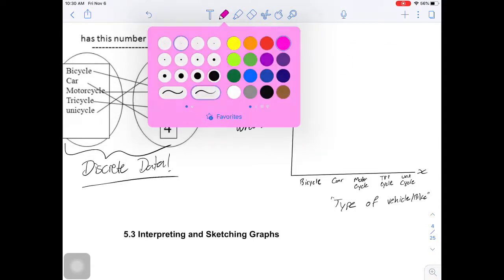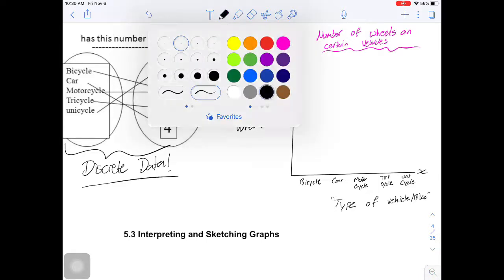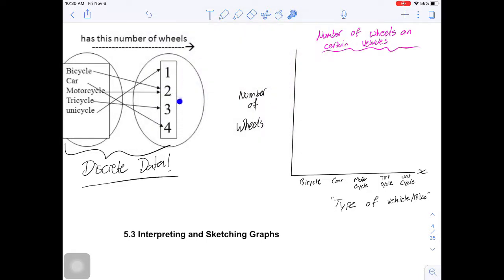So this would be number of wheels on certain vehicles. And then from there we can start plotting. So here I only go up 1, 2, 3, 4. So that's going to be pretty easy, and I'm going to space these out really nicely. Recognize you can't have half a wheel, therefore we are discrete.